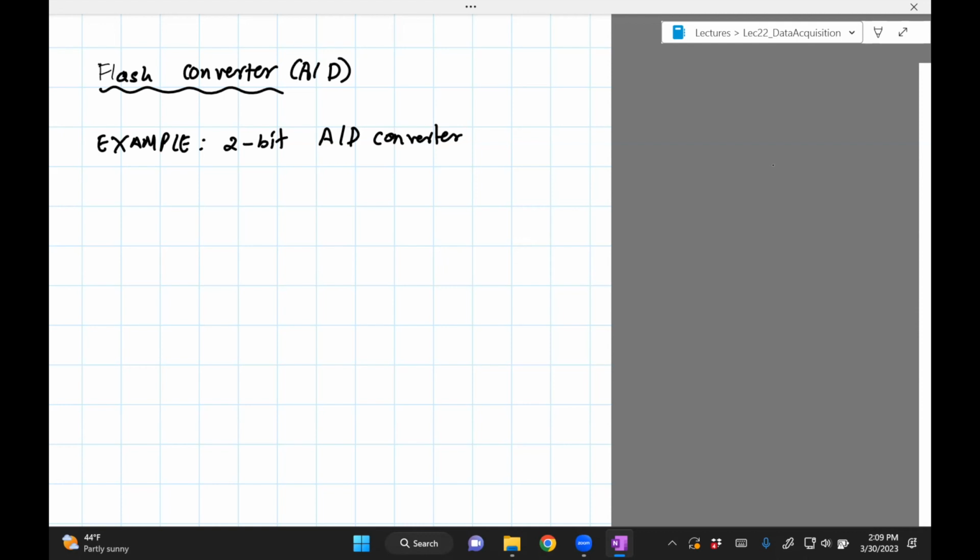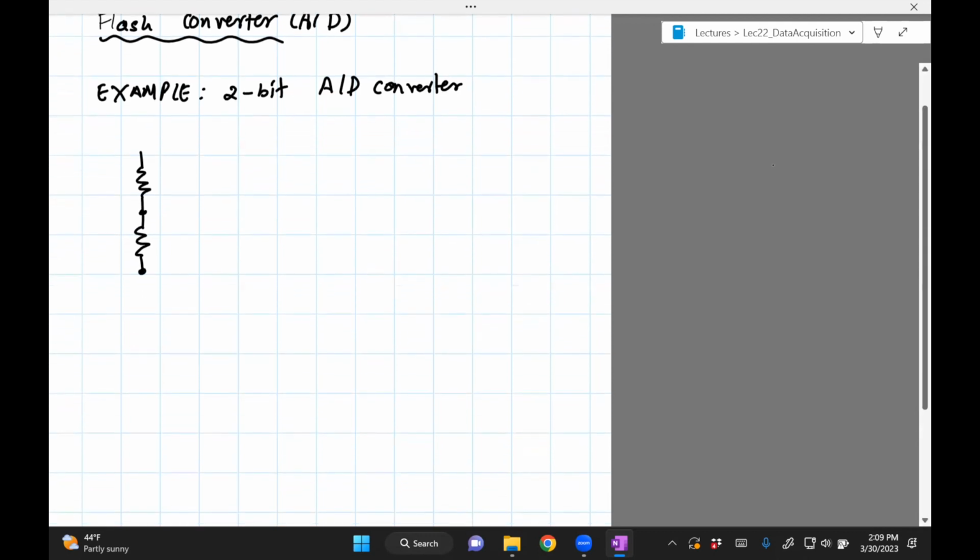So here is the circuit. Okay, so these are 3 resistors in series. We'll connect these wires to 3 logic gates. Sorry, not logic gates, my bad.